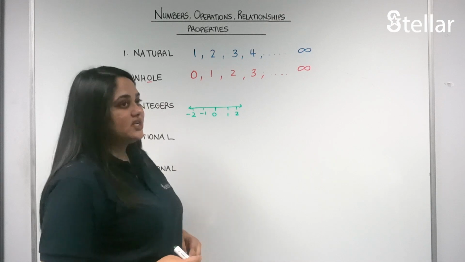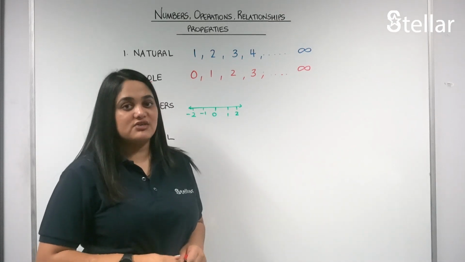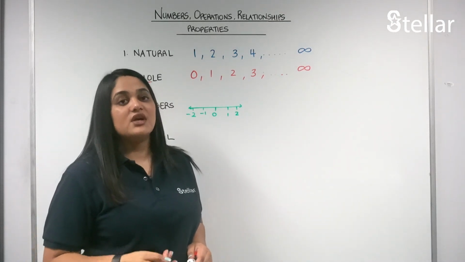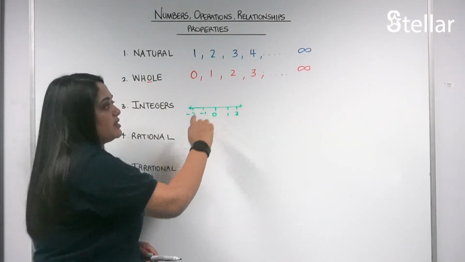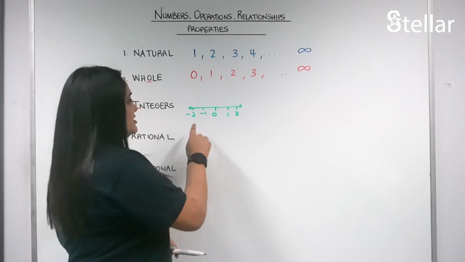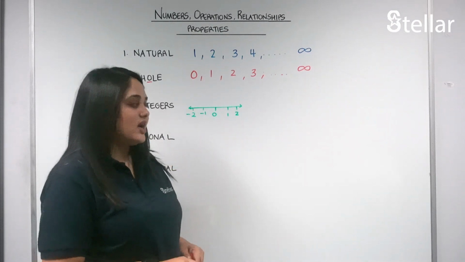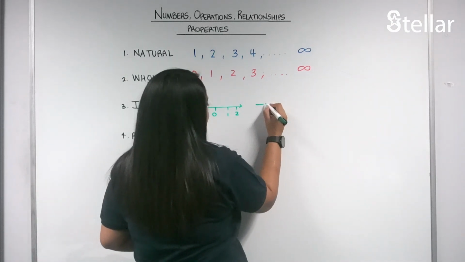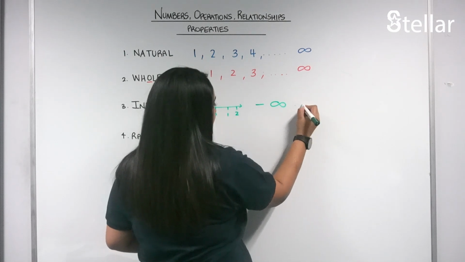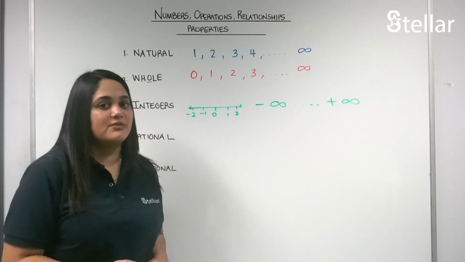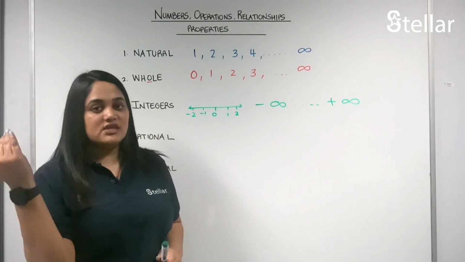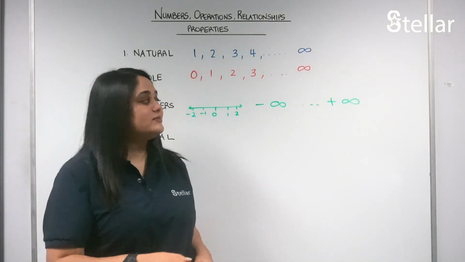So integers are all positive and all negative whole numbers. When we say whole numbers, I'm not just talking about positive whole numbers, but it's not a fraction, right? So it's going to be from negative infinity to positive infinity. It's all of the numbers you can count, negative and positive.